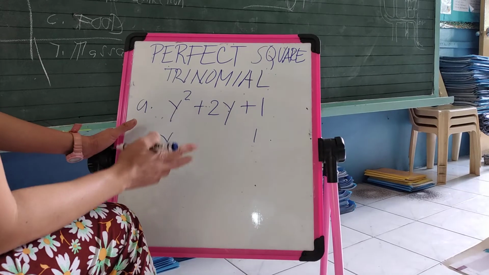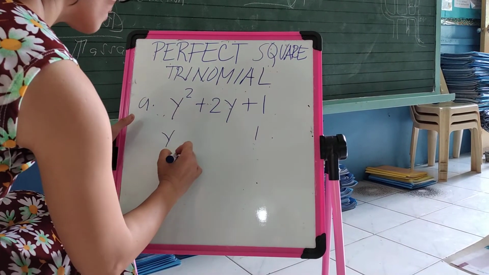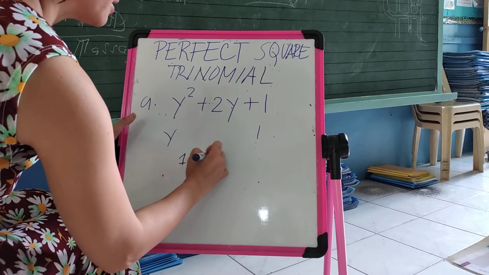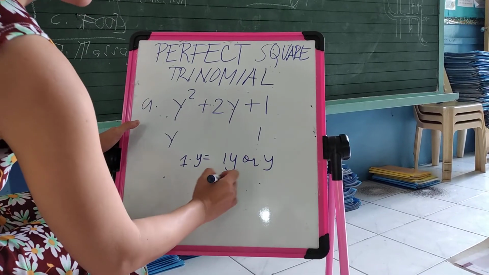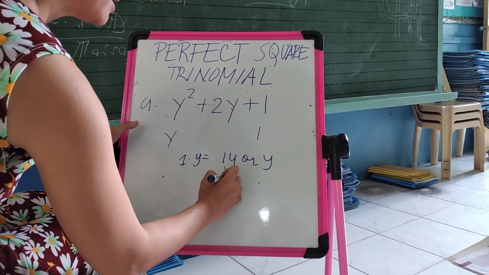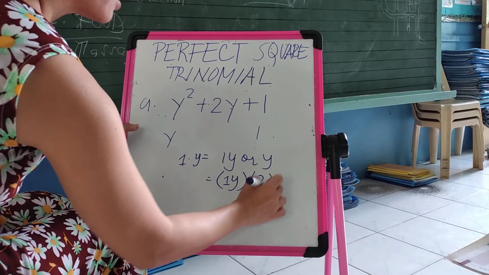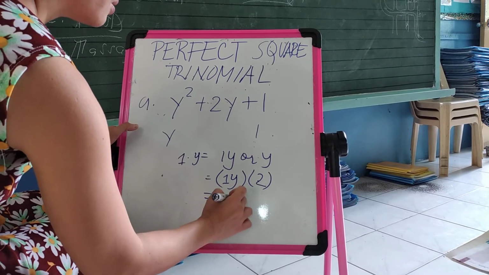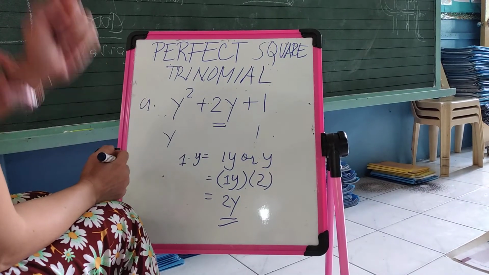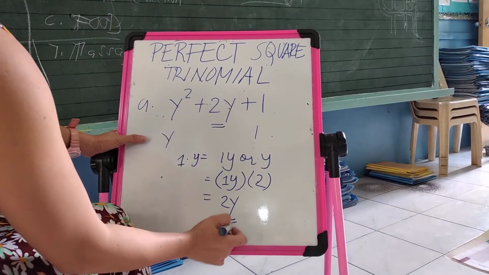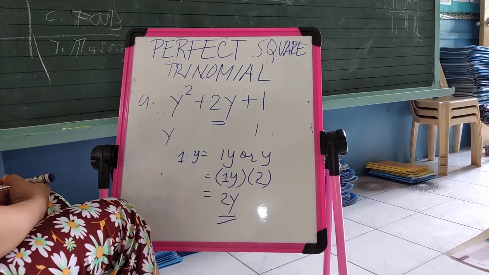So 1y times 2 will give you 2y. So is this the same with this one? Yes. If the answer is the same, then our expression is a perfect square trinomial.